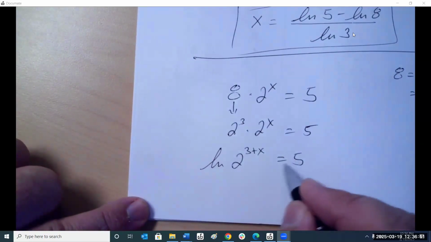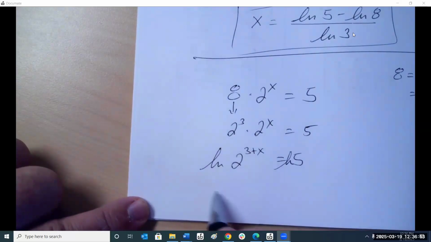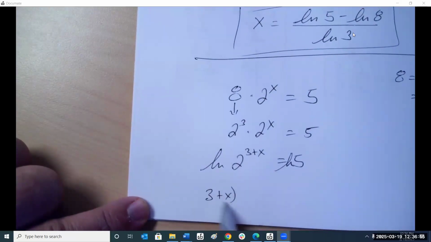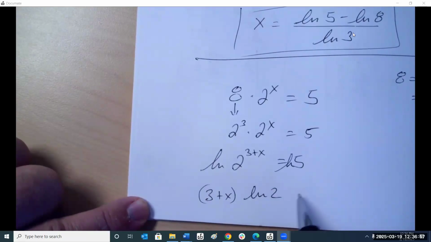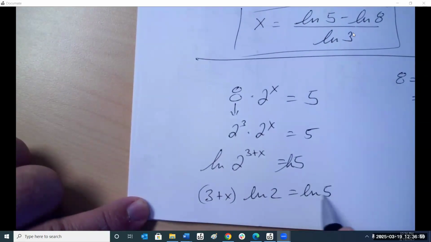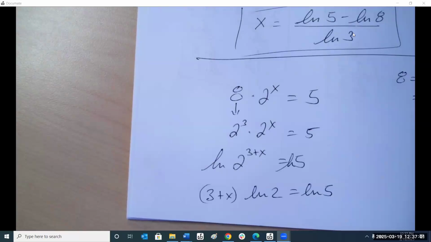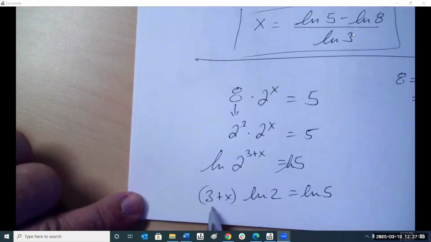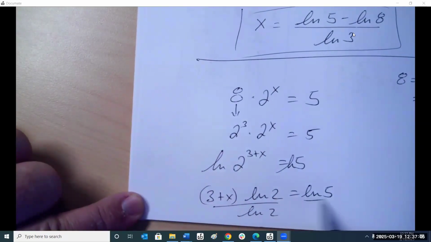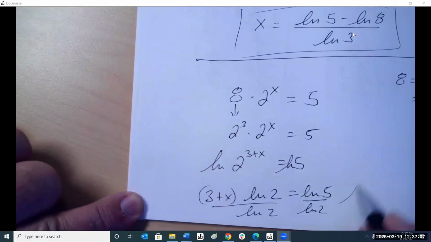Now when I took the ln of both sides, I got 3 plus x times ln 2 equals ln 5. Divide by ln 2.